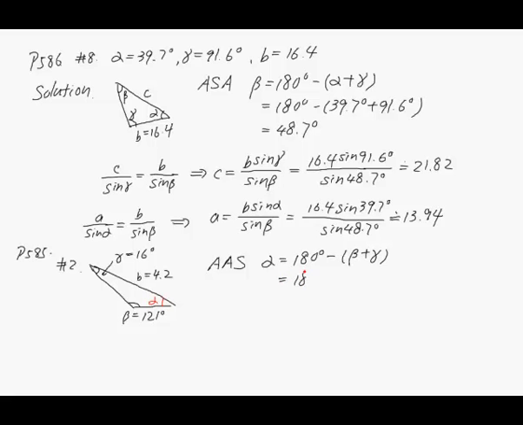So you have 180 degrees minus 121 degrees plus 16 degrees. And then you have 47 degrees. So this is the degree measure for the angle alpha. And then you can use the law of sines to find the other 2 lengths, A and C. So as in problem 8, we have A equal to B times sine alpha over sine beta, right?